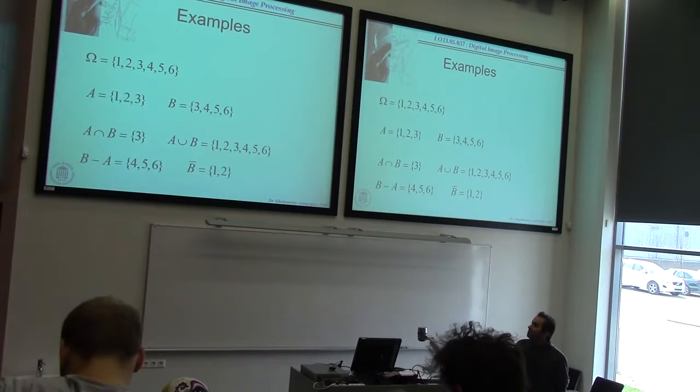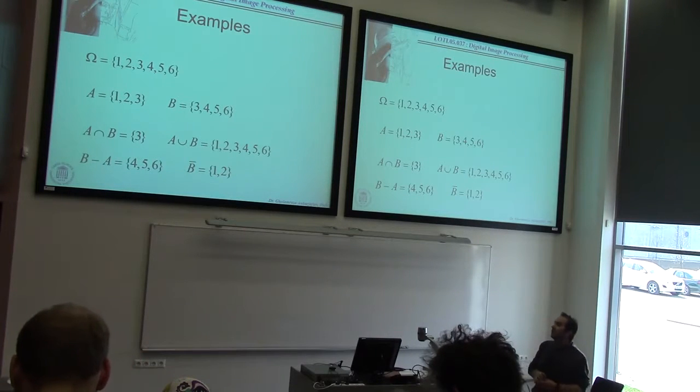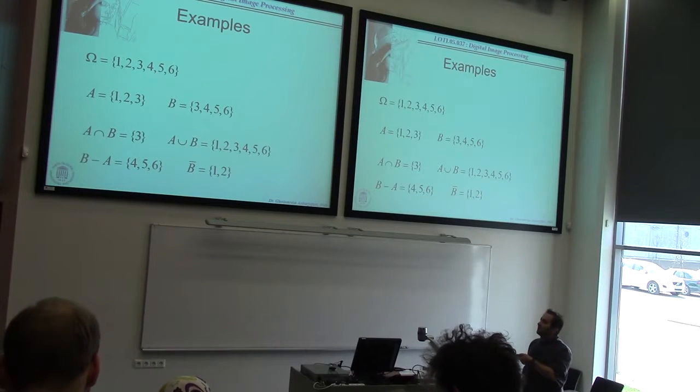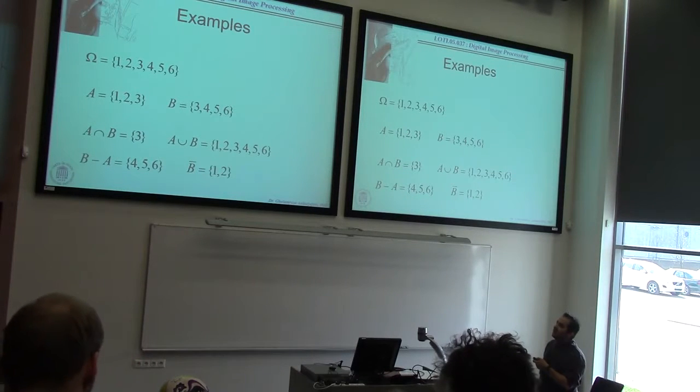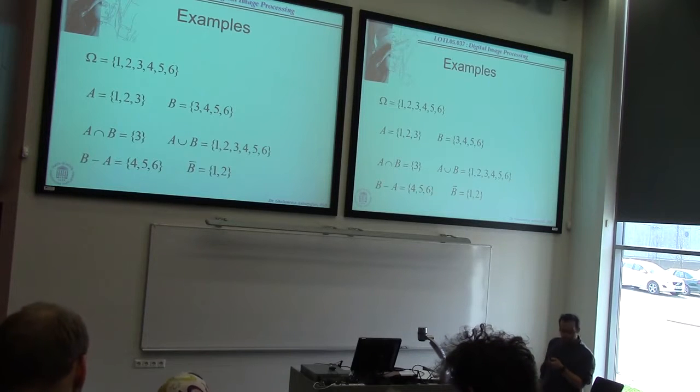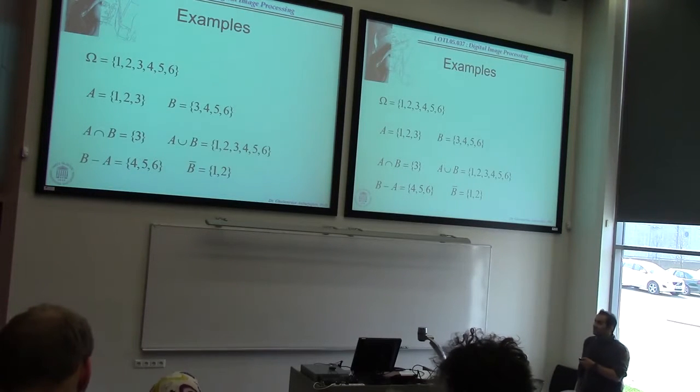We remove this part and these numbers remain. Also, in this case, we can say the intersect of B with the complement of A. The complement of A is 4, 5, 6, as you can see here. The intersect of them with B is 4, 5, 6. The result is the same.